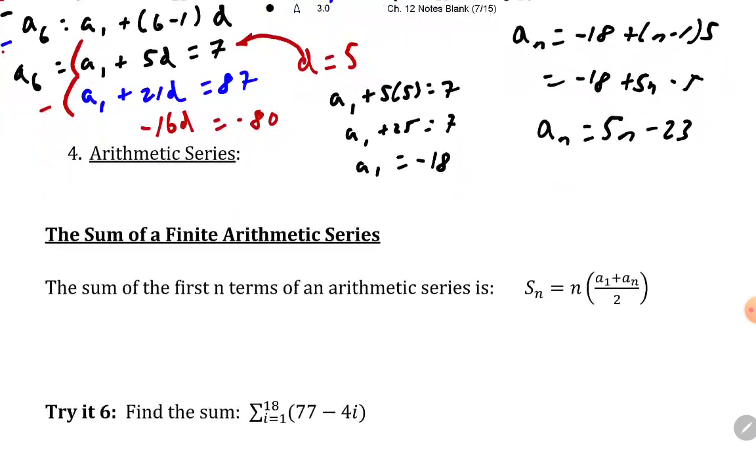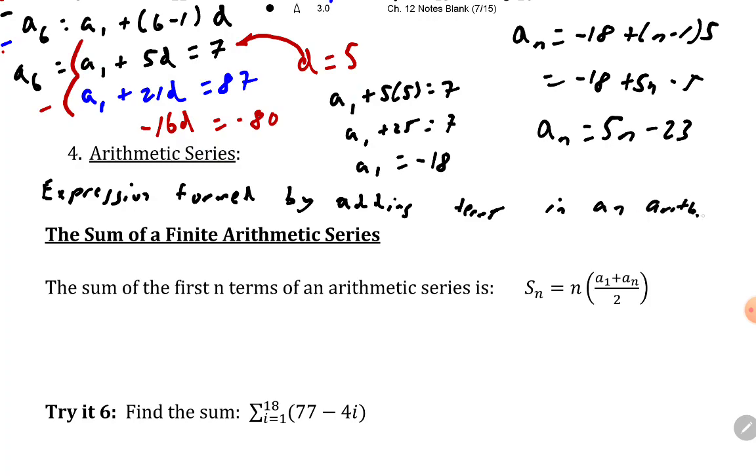An arithmetic series is a series with a common difference. This is an expression formed by adding terms in an arithmetic sequence, and we call it S sub n.